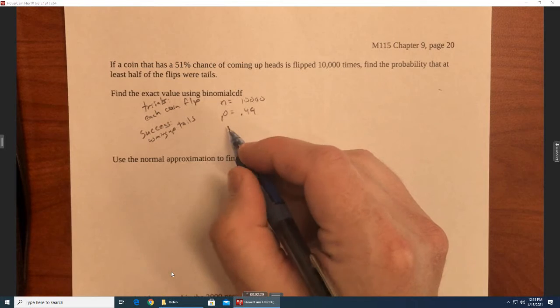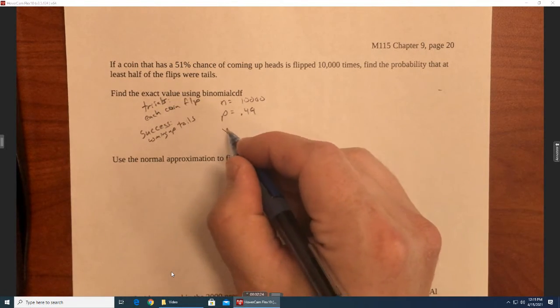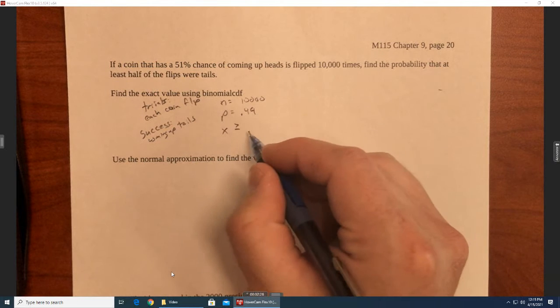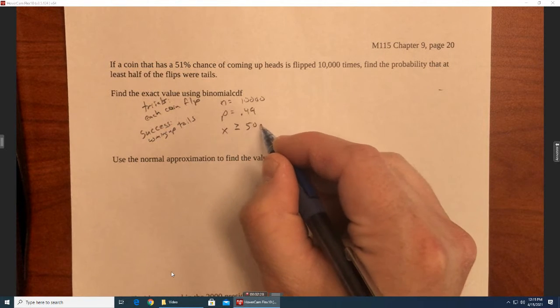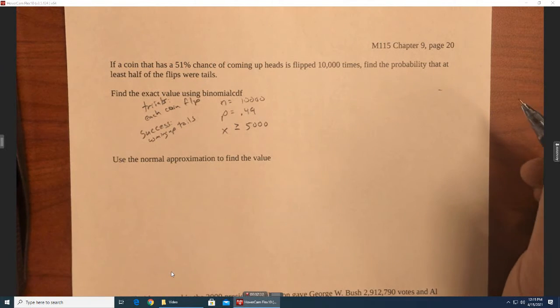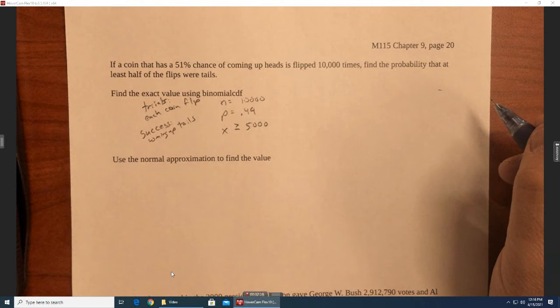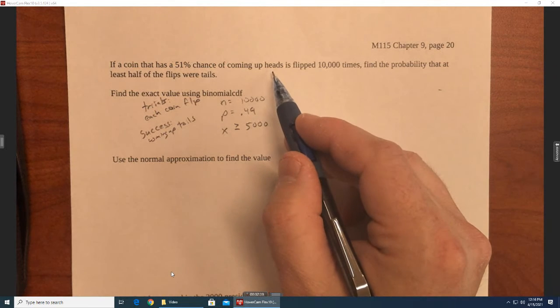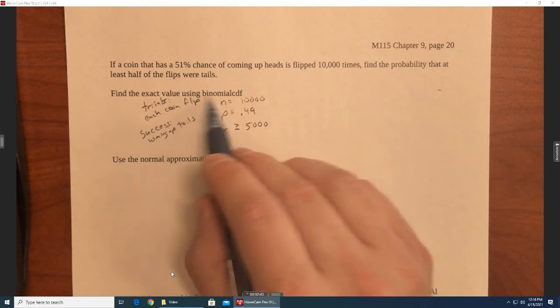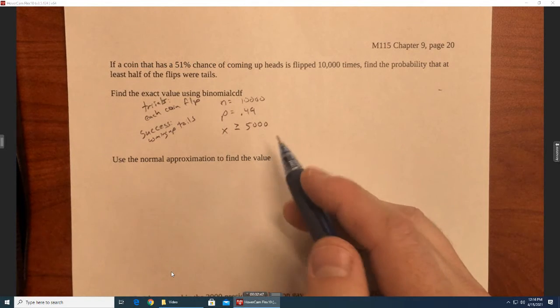Let's see. We're saying the probability that at least half the flips were tails. So the probability that x is greater than or equal to, this is 10,000, half of them would be 5,000. So the probability that at least half the coin flips are tails is x greater than or equal to 5,000.